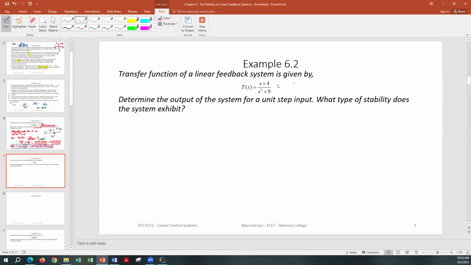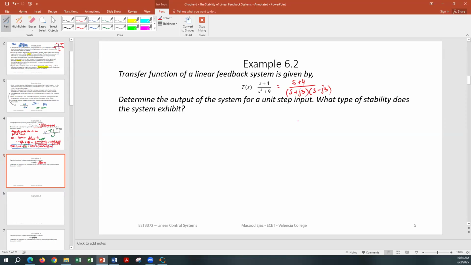So to find the stability of the system, of course, s square plus 9 is going to be s plus j3 and s minus j3, right? s square plus 9, since j square is negative 1, gives s plus j3 and s minus j3.